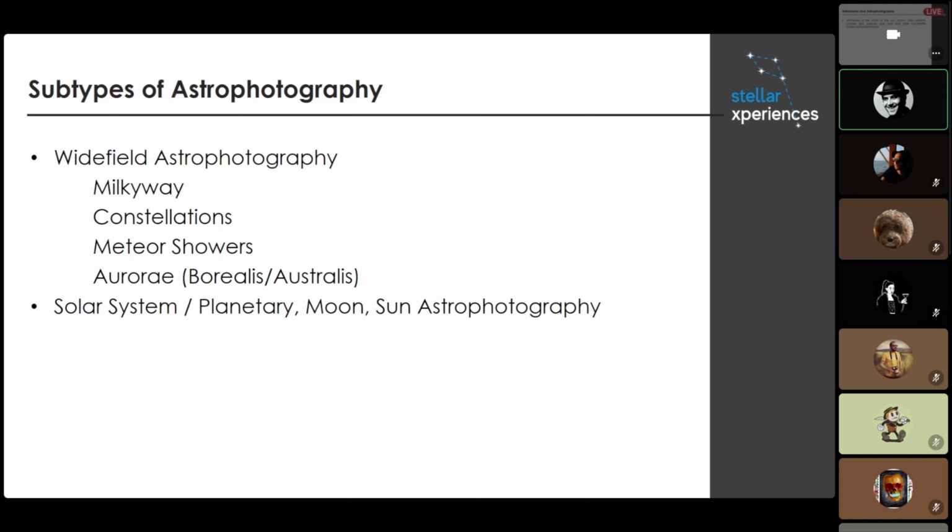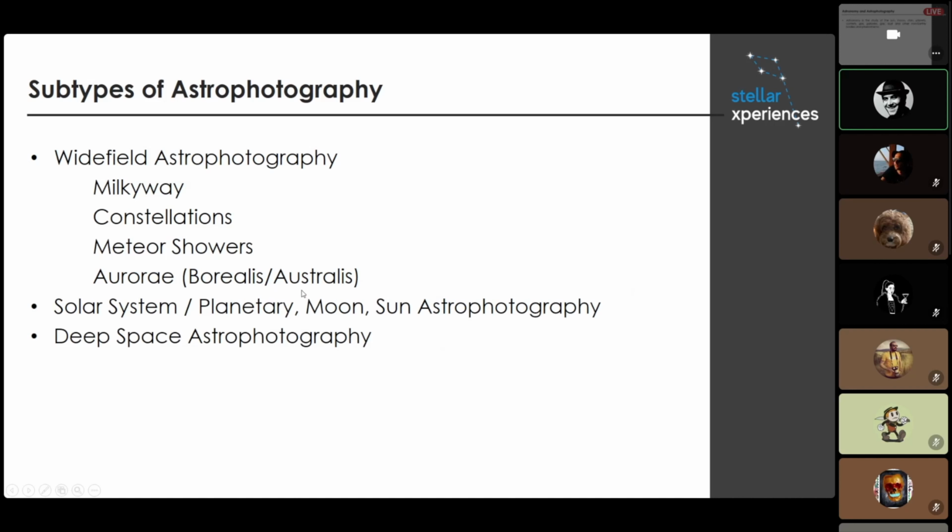Another astrophotography type is solar system, planetary, moon, or sun astrophotography. Maybe we could differentiate sun astrophotography because the camera and the techniques used are a little bit different. For planetary, let's say Venus, Jupiter, Saturn, Mars photography, and moon photography is a little bit different from sun astrophotography.